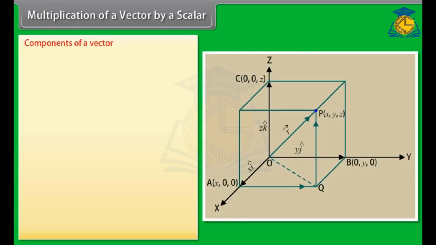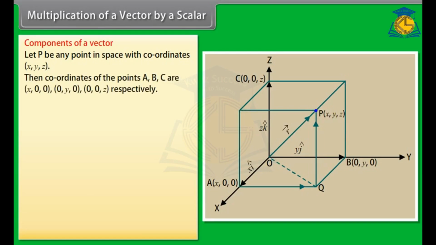Components of a vector. Let P be any point in space with coordinates x, y, z. Then coordinates of the points A, B, C are (x, 0, 0), (0, y, 0), (0, 0, z) respectively. Suppose now that the position vector of P is vector r, that is, vector OP equals vector r.